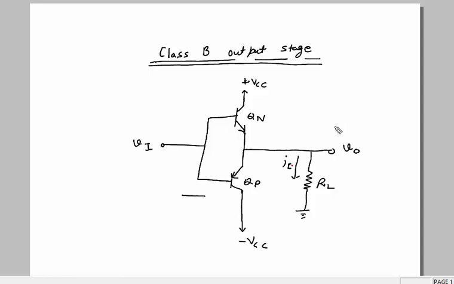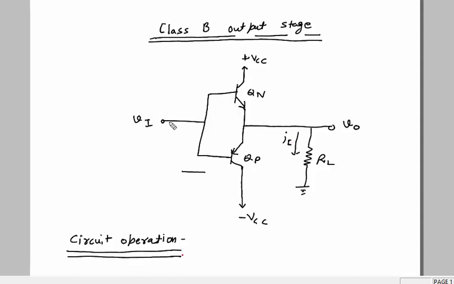This class B output stage consists of a complementary pair of transistors, so one is NPN and the other is PNP. They are connected in such a way that both cannot conduct simultaneously. So when QN conducts, QP will be off, and when QP conducts, QN will be off. That's why it is connected in this way.